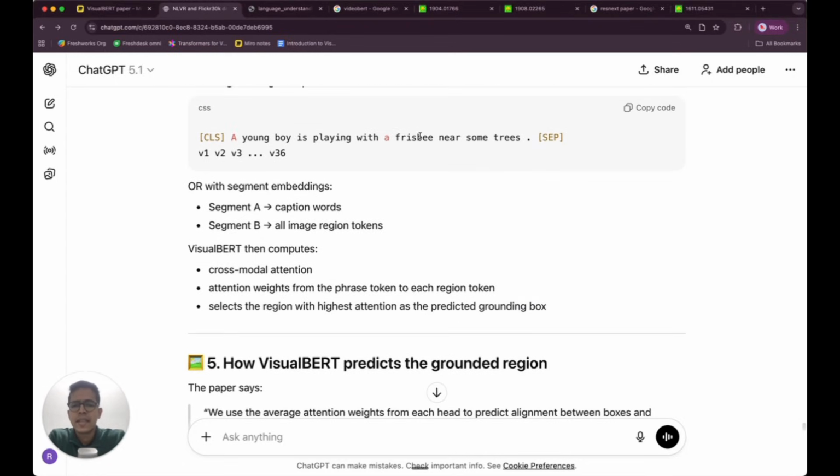So let's say this frisbee is tokenized as fris and B. Then B is the last subpart of this token. If that token is converted into a query, which among these regions does it attend to mostly? The attention score between the query corresponding to B and the keys corresponding to these visual boxes. Which one is the highest? That is what the prediction is.